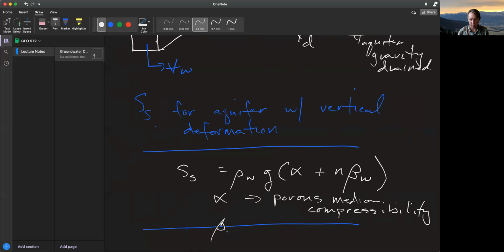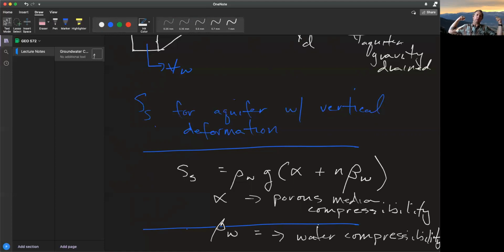And beta is my water compressibility. All right, so specific storage is related to the amount of aquifer expansion or compression and water expansion or compression.